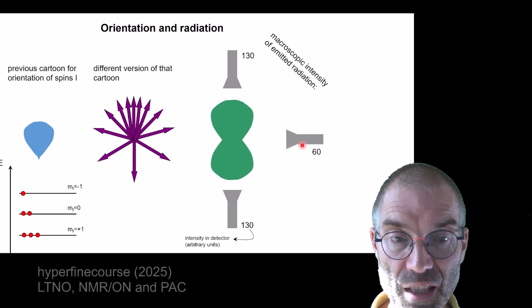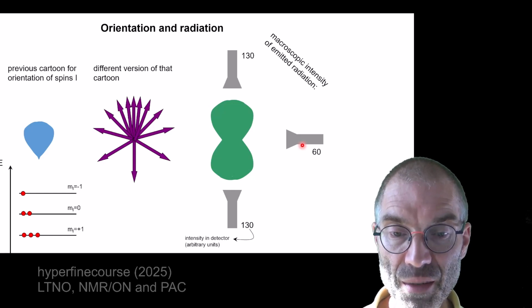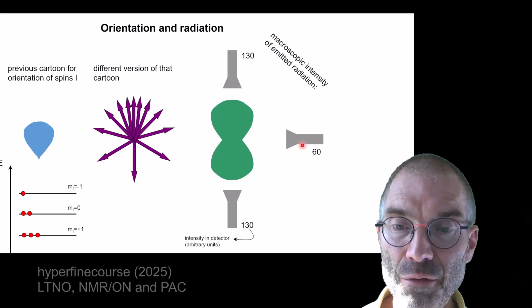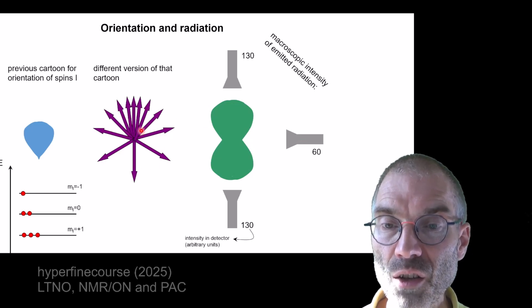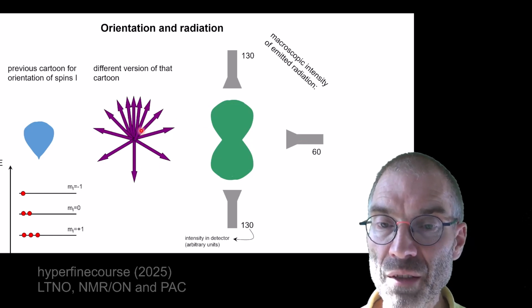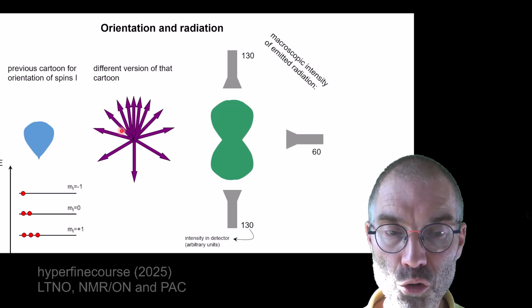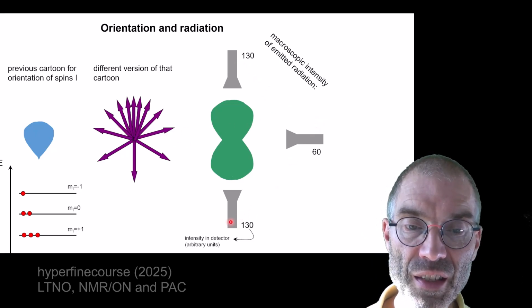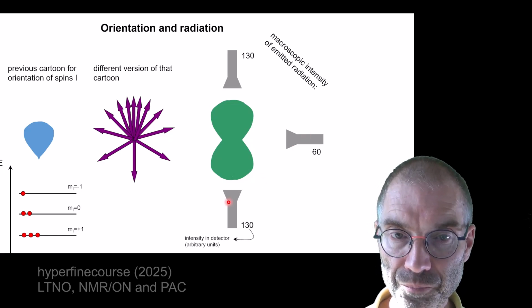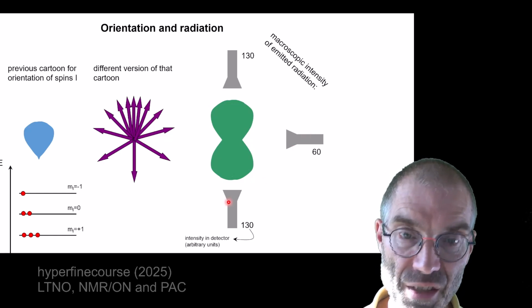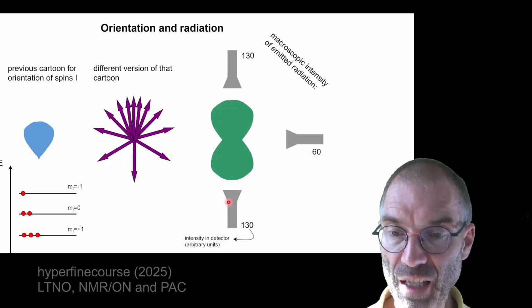And it's this difference between these two types of detectors, this measured intensity difference, that is related to the anisotropy of the nuclear spin direction. So you can see the orientation of the nuclear ensemble in this detection difference between these detectors. And that is the principle of low temperature nuclear orientation.